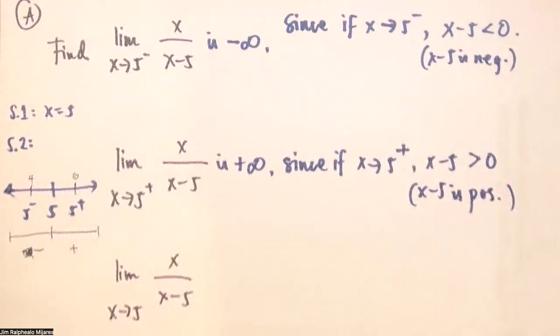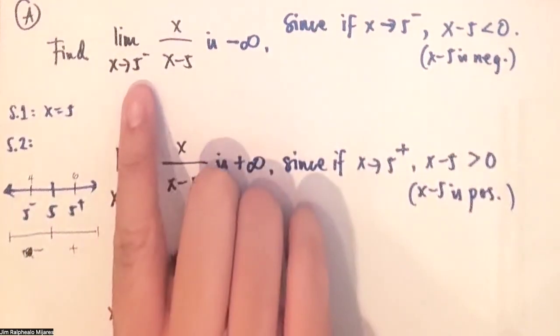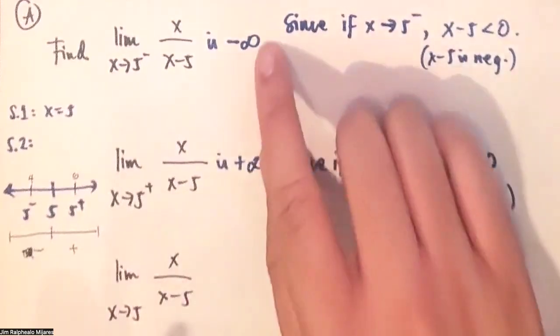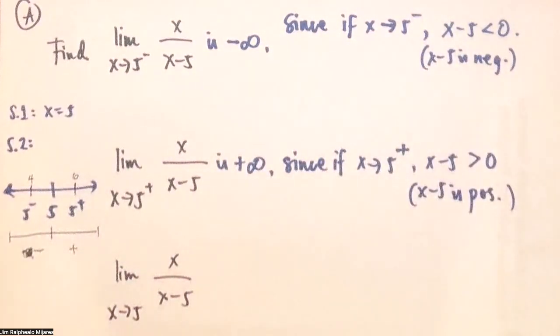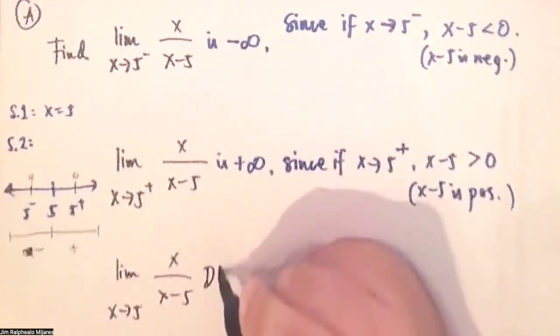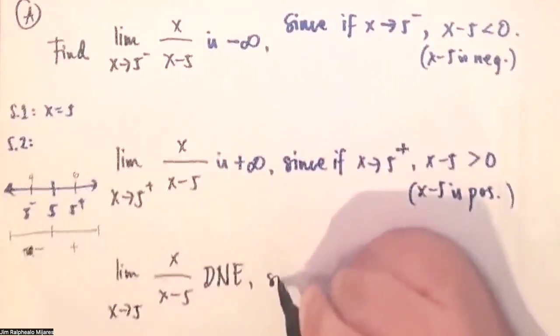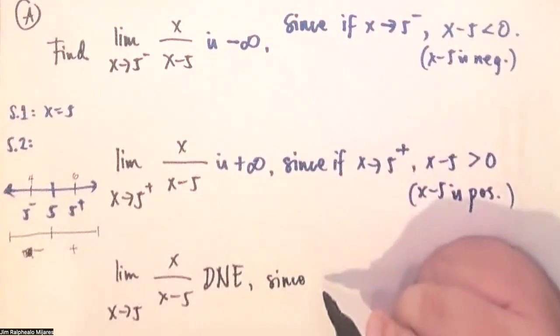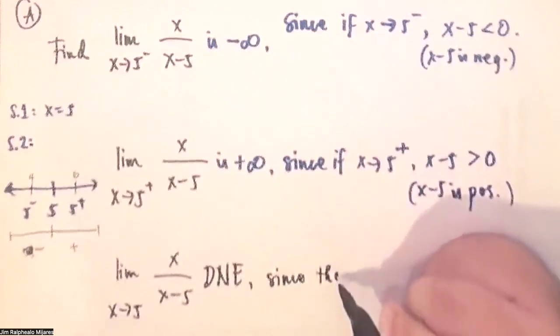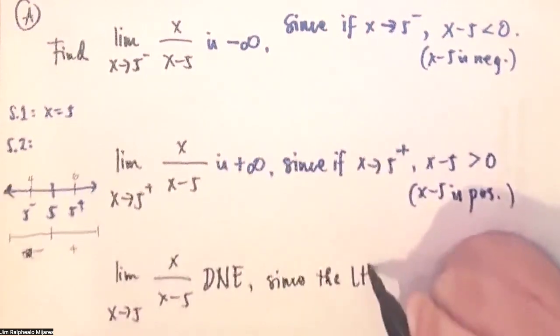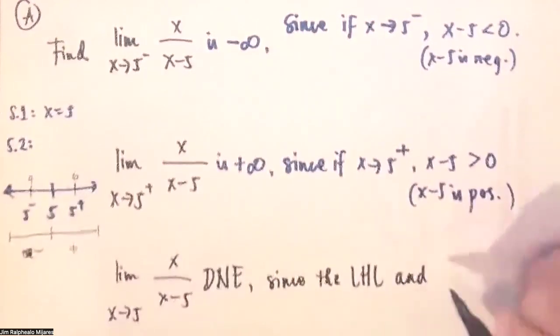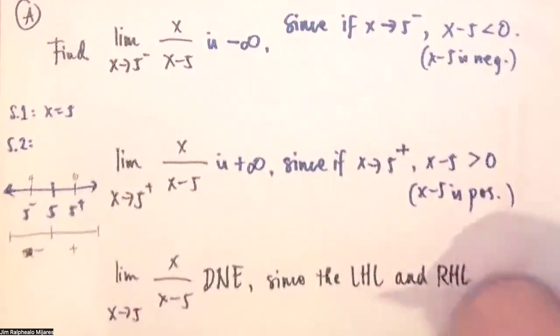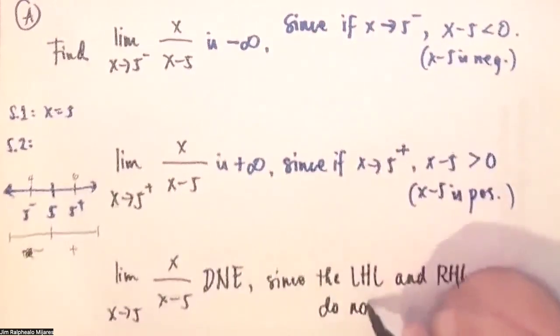And finally, the conclusion is, since the limit from the left and the limit from the right are not the same, the limit does not exist, since the left-hand limit and right-hand limit do not agree.